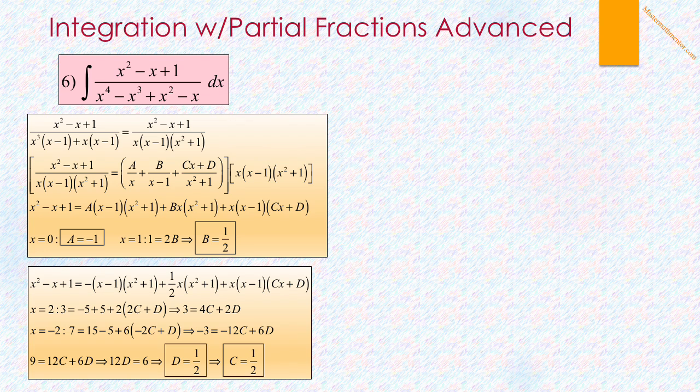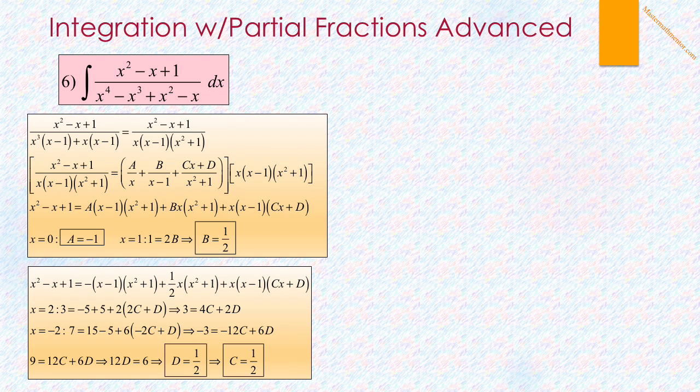When x equals 2, we get 3 equals -5 plus 5 plus 2(2c plus d). And therefore, 3 is equal to 4c plus 2d. When x equals -2, we get 7 equals 15 minus 5 plus 6(-2c plus d). And this gives -3 is equal to -12c plus 6d.